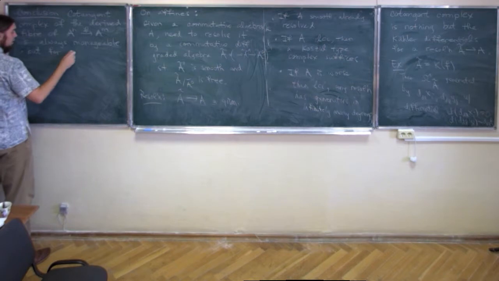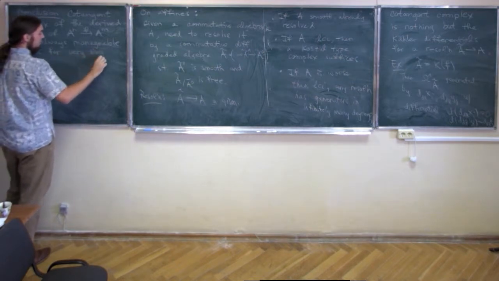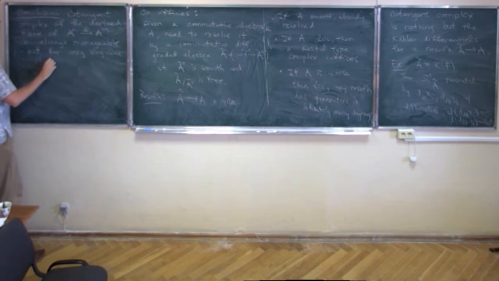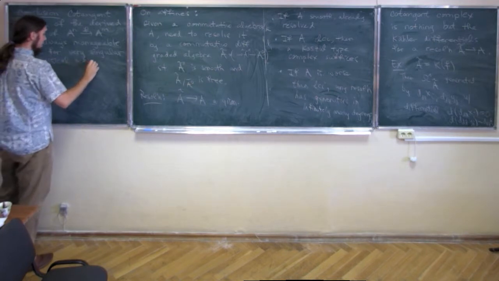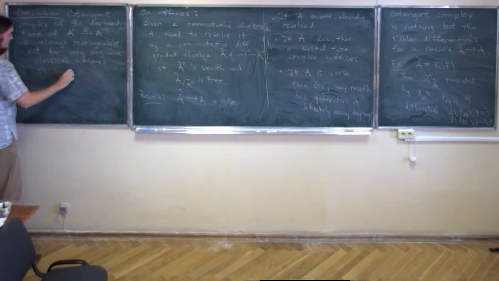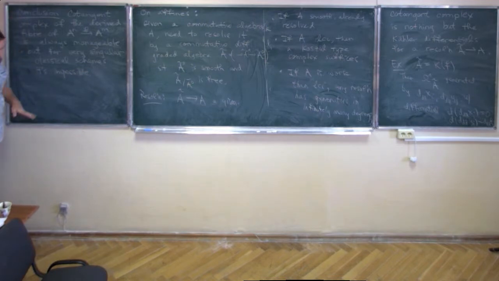So for very singular classical schemes, it's horrible. I would say impossible. Maybe there's some particular example in which you can compute something, but in general, it's just impossible.